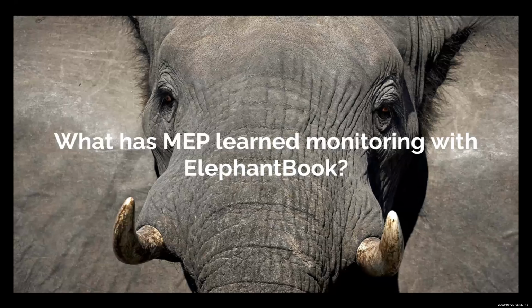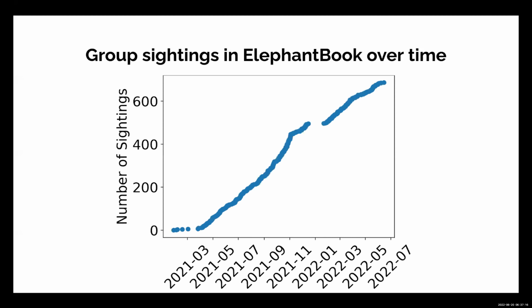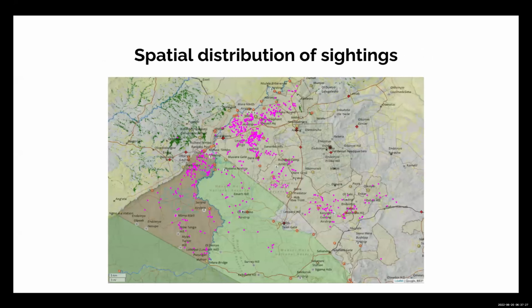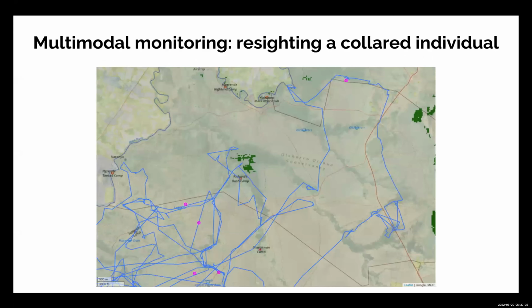And then, just really quickly, we built this system, what have they actually learned? So they've been able to see a significant growth in the individuals that they know about. They've been able to capture demographics of their population for the first time. They have significantly better understandings of where the elephants are distributed in their conservation area.